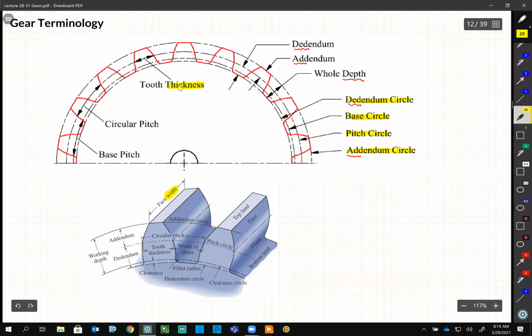Okay, so another important parameter is the circular pitch. Circular pitch, again, as you can see, is the distance shown here on the pitch circle. If you want to calculate that, you just calculate pi multiplied by d divided by n, where n is the number of teeth.